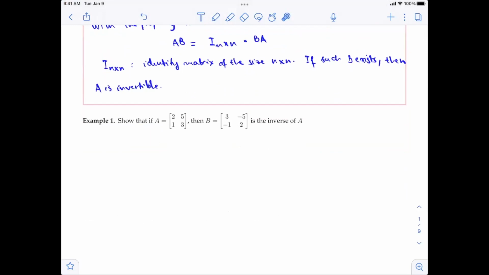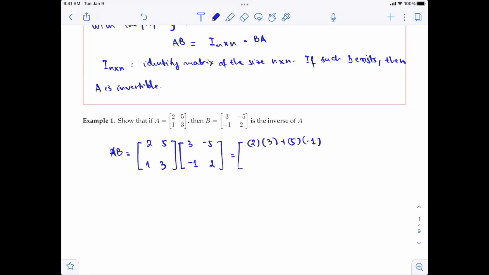Of course, to do that, you can write A times B, which is 2, 5, 1, 3 times 3, -5, -1, 2. And you do the matrix multiplication for these two matrices. What you get is 2 times 3 plus 5 times -1. The next entry is 2 times -5 plus 5 times 2.